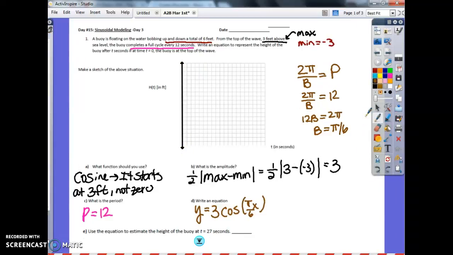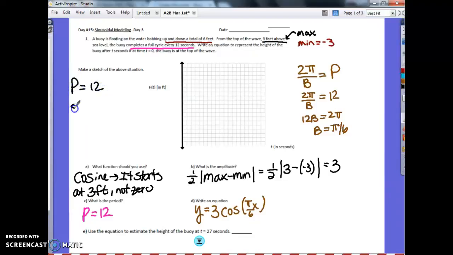Before I decide where to put my x-axis, I should probably think about what the scale is going to look like here. So we already know our period is equal to 12. So to find what the x-axis is going to go by, I'm going to take 12, multiply it by a fourth. We're going to go by 3s.